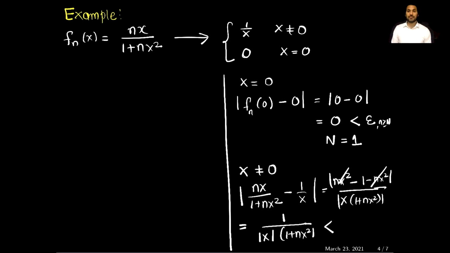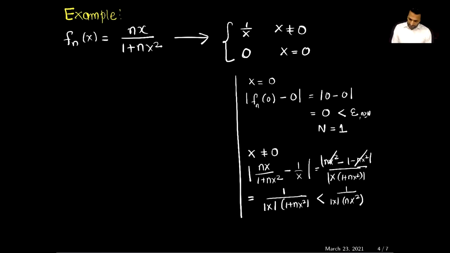And you can make this less than 1 over the absolute value of x times n x squared, and this is simply equal to 1 over n times the absolute value of x to the power 3.